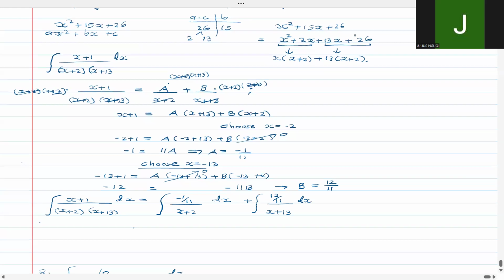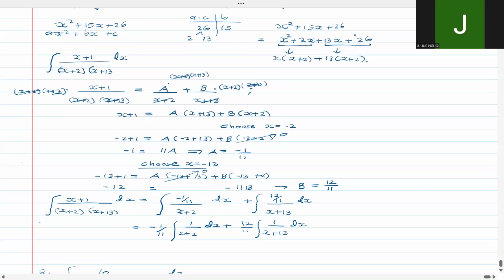By the integration, we have minus 1 over 11 times the integral of 1 over x plus 2 with respect to x, plus 12 over 11 times the integral of 1 over x plus 13 with respect to x.